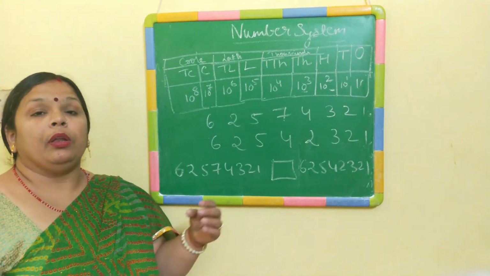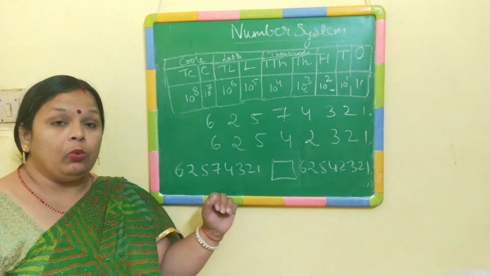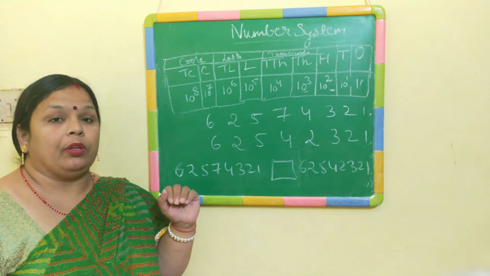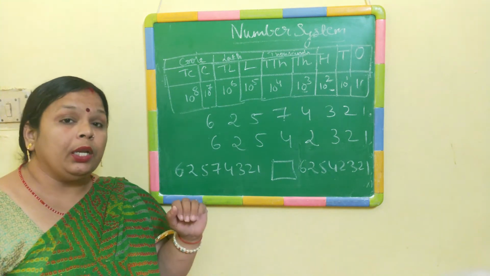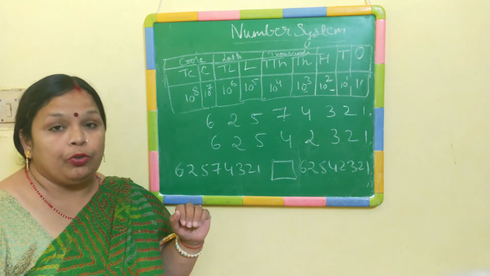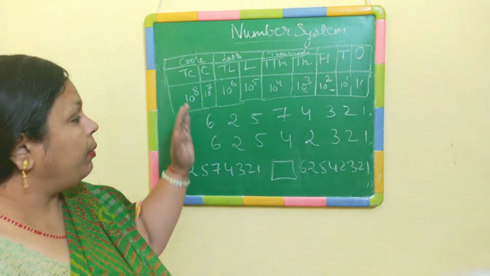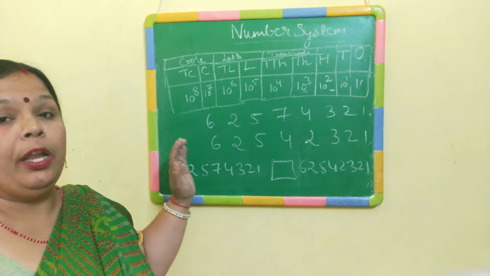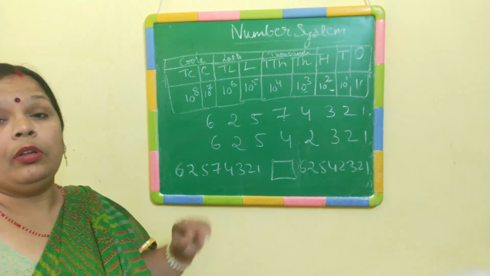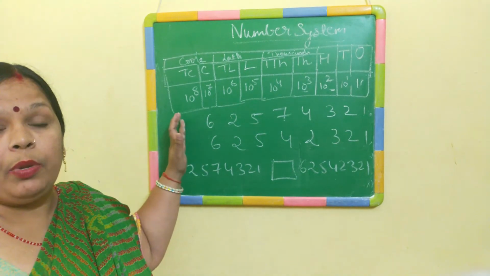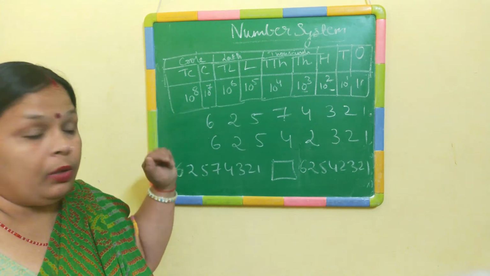When you compare, the first rule says to count the number of digits a number has. The number with the greater number of digits is definitely going to be greater. The second rule says start comparing the digits from the left, because the left side in the period table will give you the higher value.